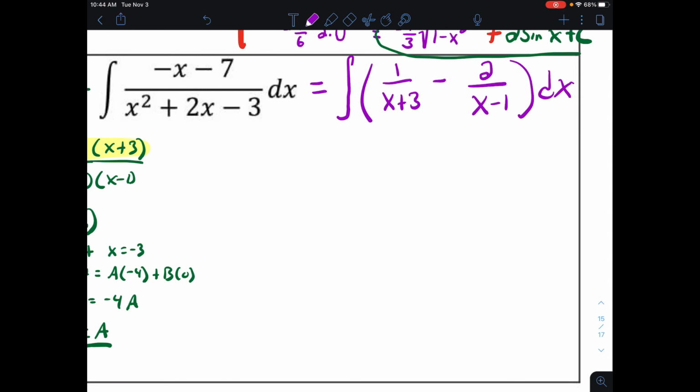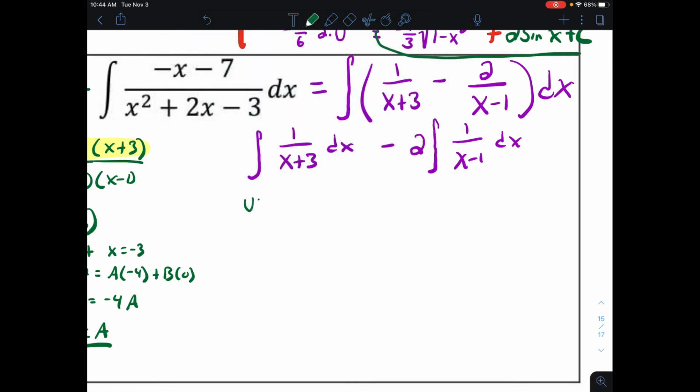And so what I'm going to do is break this up into two separate integrals. So we have the indefinite integral of 1 over x plus 3 dx minus, and I'm going to pull that constant of 2 outside of the second integral, so minus 2 times the indefinite integral of 1 over x minus 1 dx. And now we're going to integrate. Well, in both of these problems, we could do substitution.